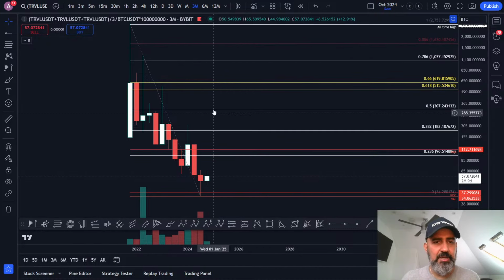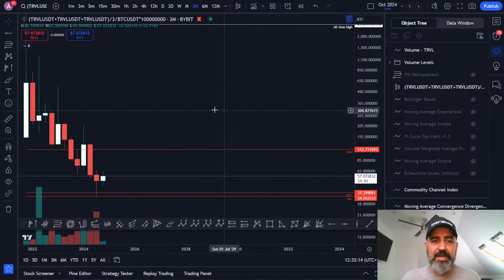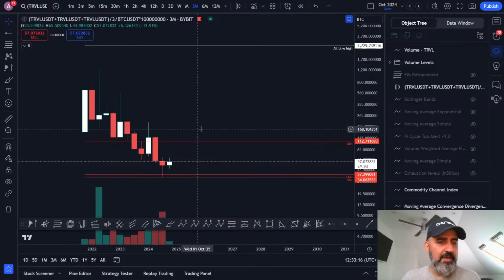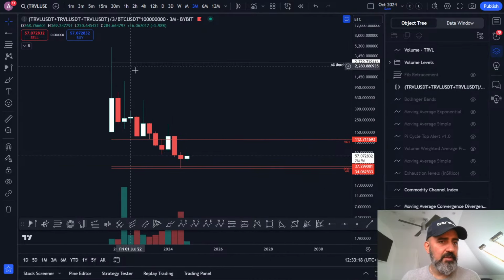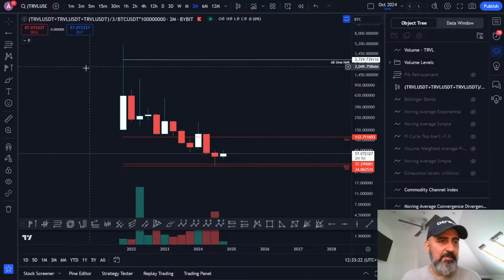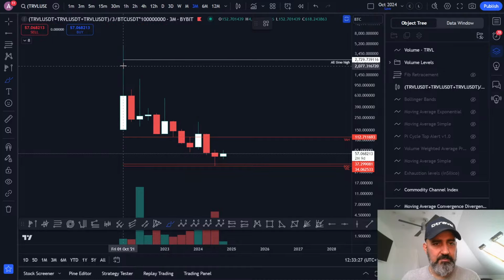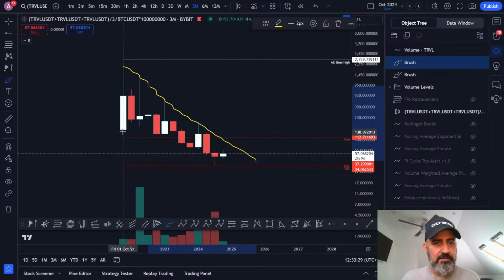So when you look at the 3-month time frame, what are you looking at? I don't know, what are you looking at? Remember, this is against BTC. Potentially you're looking at something like that, isn't it?